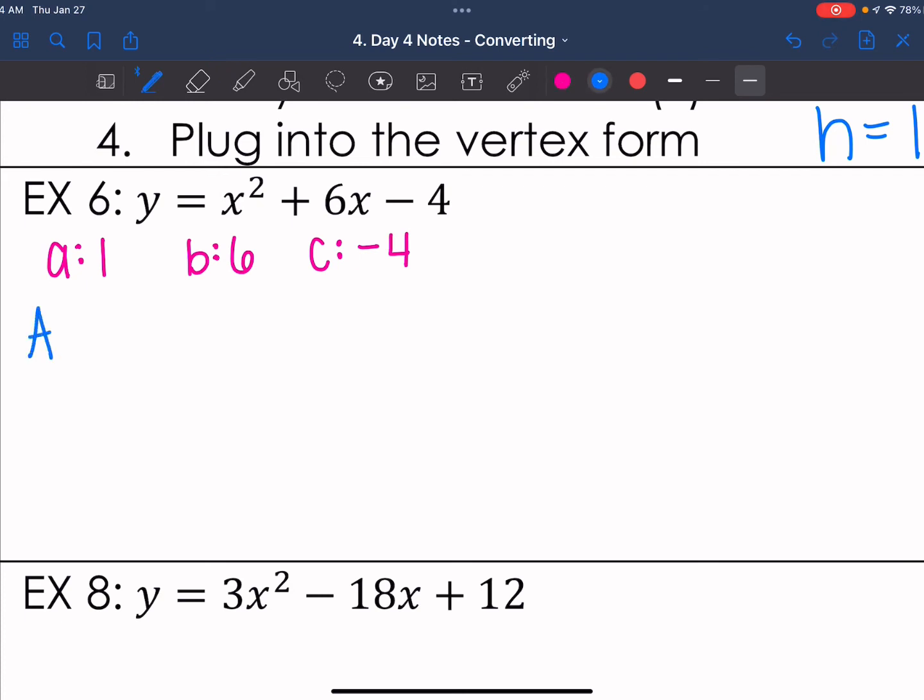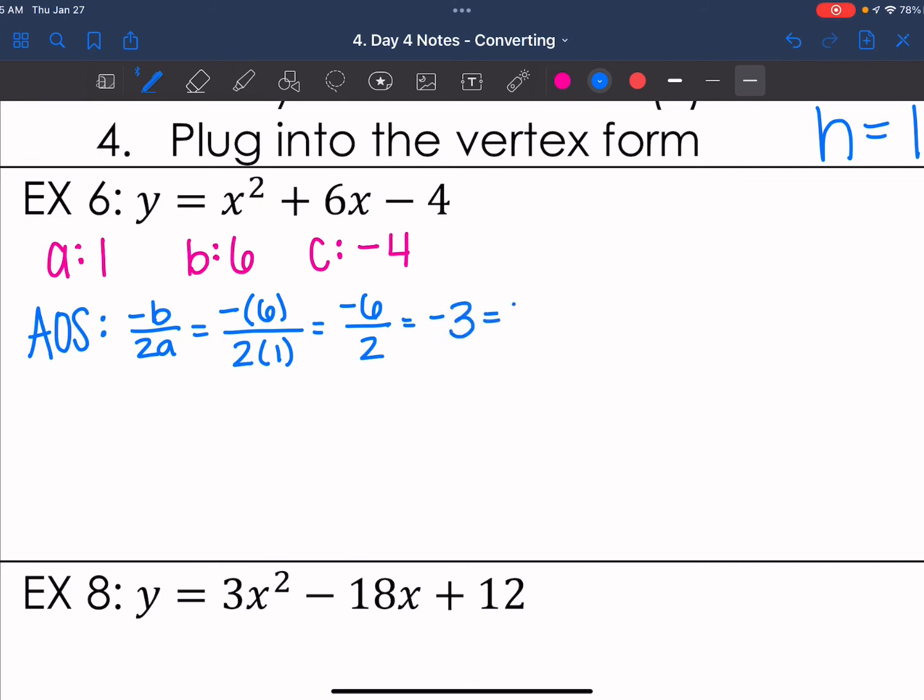Next, we'll find our axis of symmetry, which is -b over 2a, and I'll plug that in. Negative times 6 over 2 times 1, which is -6 over 2, which gives me -3. And remember, that is my h value.